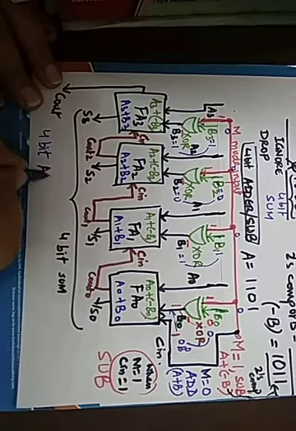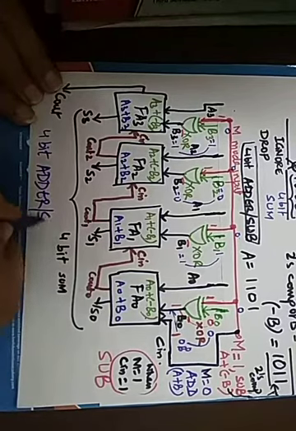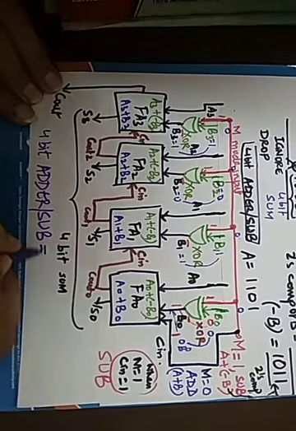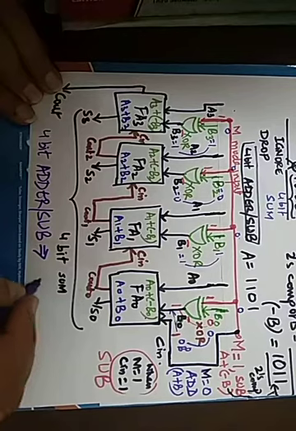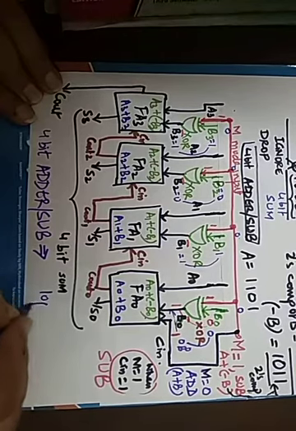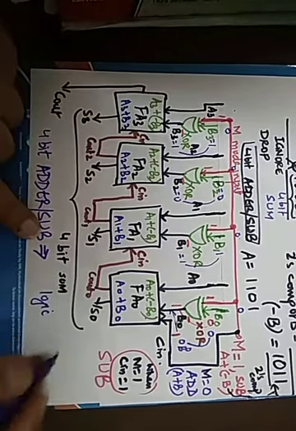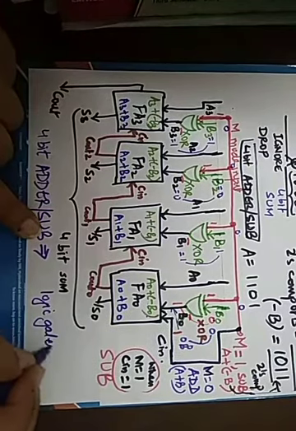And to conclude our discussion, if you're asked to finally answer that the 4-bit adder subtractor is implemented by using how many logic gates? So what are the number of logic gates used?